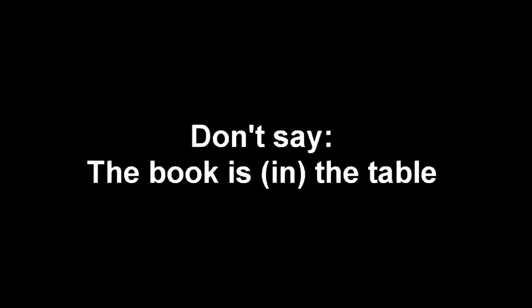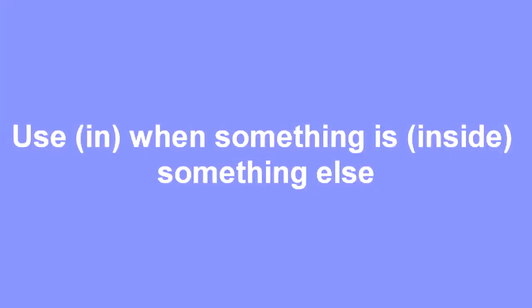I sometimes hear sentences like the book is in the table, and that is completely wrong. We can't say the book is in. Why? Because you need to use in to focus on the location, like something is located within something.